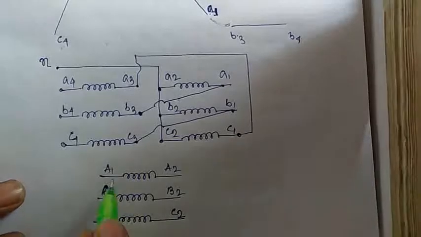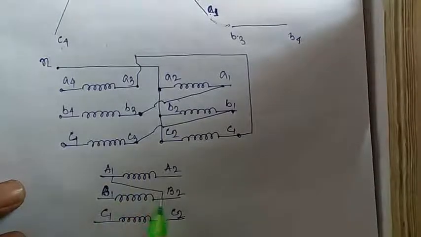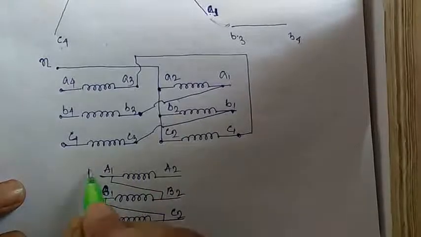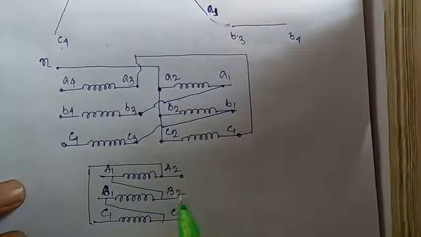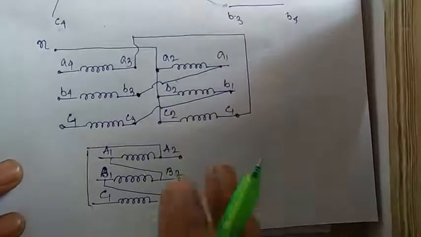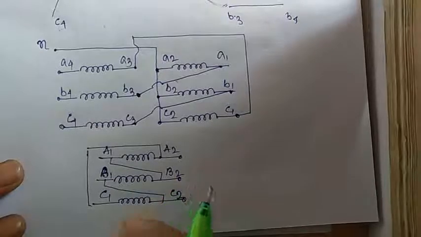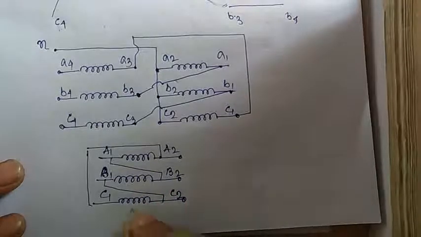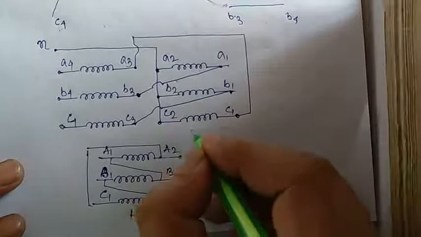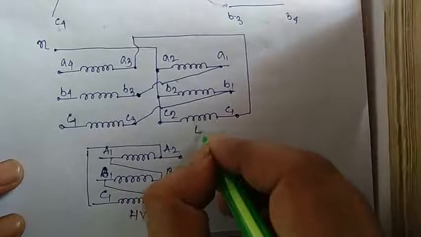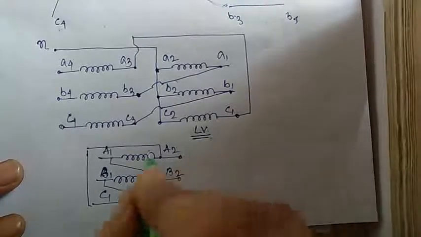In case of delta, A1 is connected to B2, B1 is connected to C2 and C1 is connected to A2. Here A2, B2, C2 are the outer terminals. So delta here is the HV winding and zigzag here is the low voltage winding.